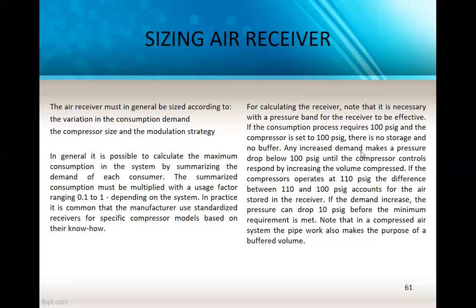Any increased demand makes the pressure drop below 100 psi gauge until the compressor controls respond by increasing the volume compressed. If the compressor operates at 110 psi gauge, the difference between 110 and 100 psi gauge accounts for the air stored in the receiver.